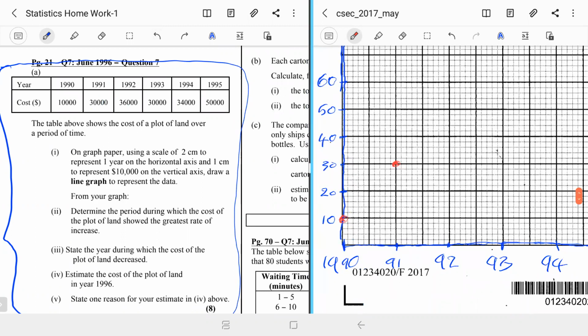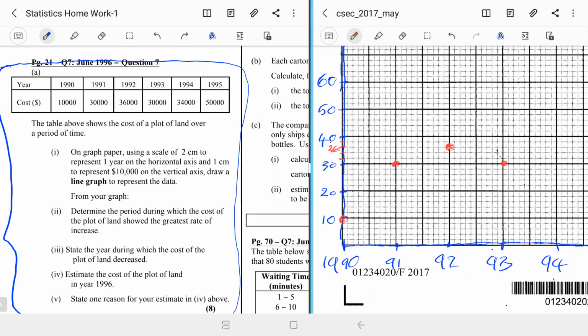Every small line is 2, so this will be 32, 34, 36, 38, 40. This is 36 right here, this mark right here. Okay with that? Then we drop back down to 30 in 1993, right here.